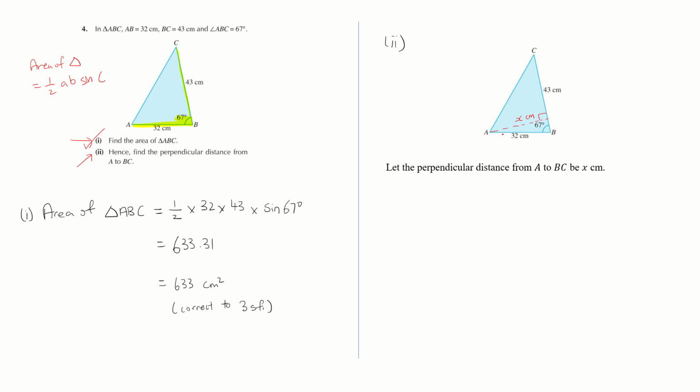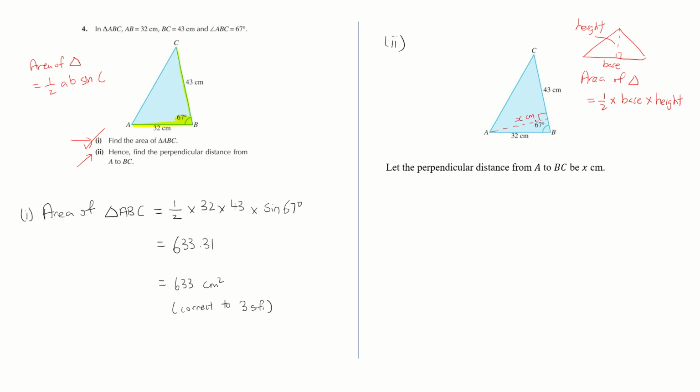Before we continue, I'm just going to recap something with you first. Given the triangle, we can find the area of the triangle by looking at the base and the height. And we know that it is half times base times height.